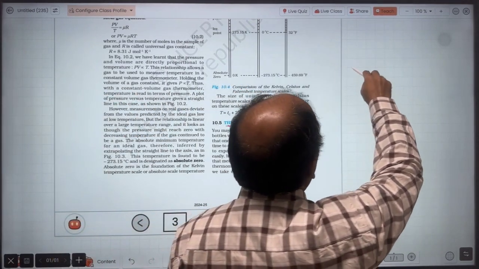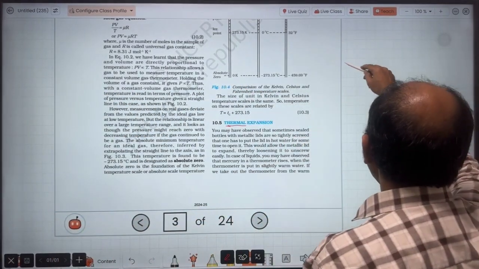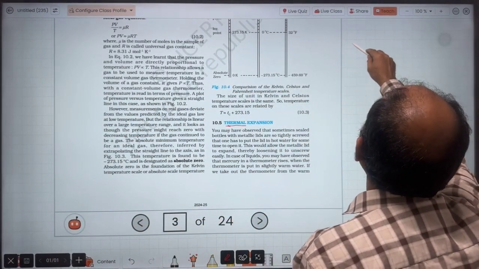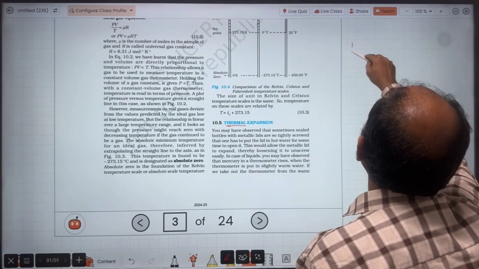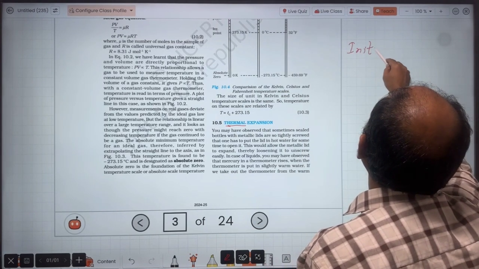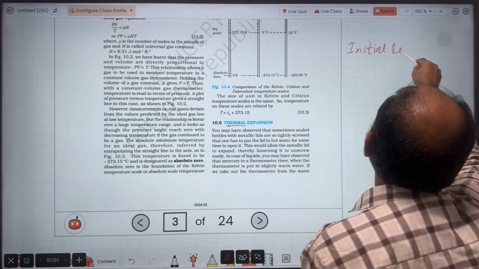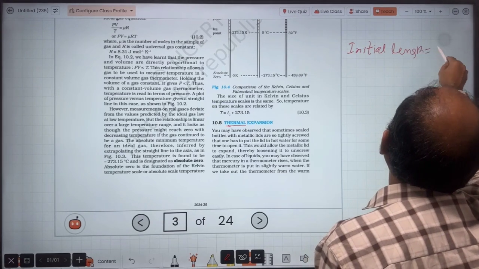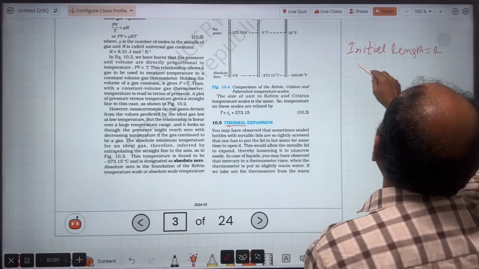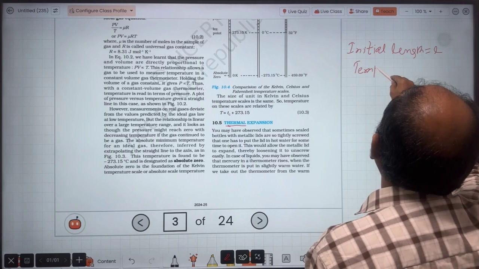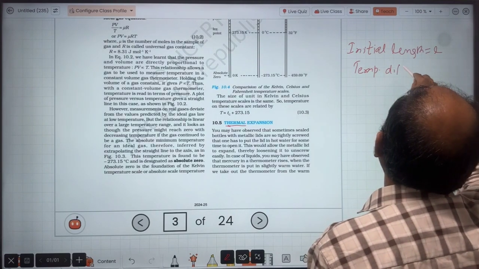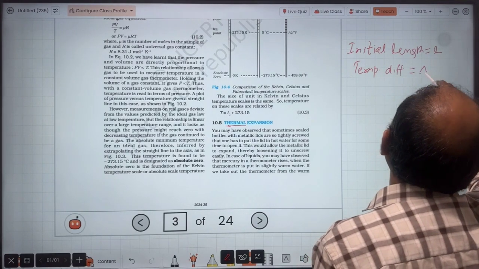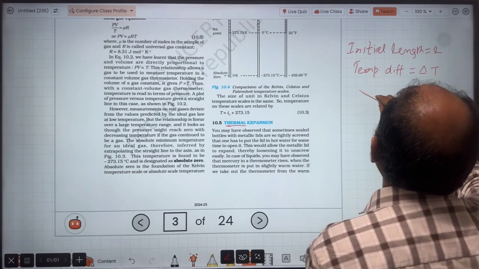So we can say that suppose initial length, in terms of length we are going to say initial length is equal to say L. Temperature difference, say delta T, right?